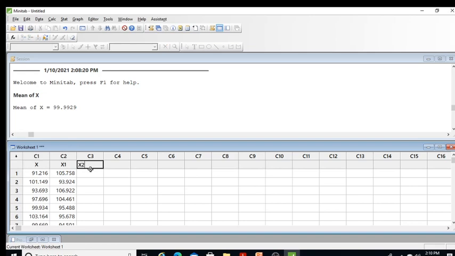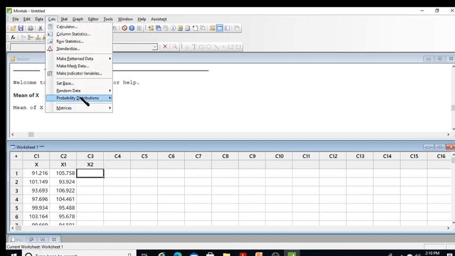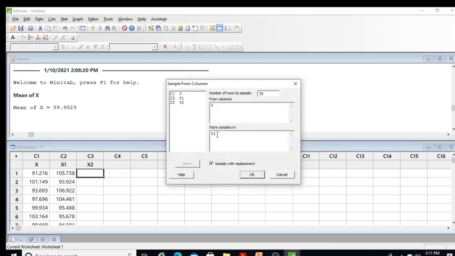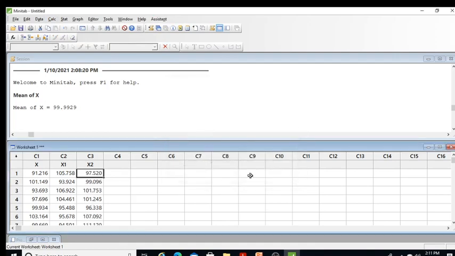Let's say I generate another sample in the same manner, using random data, sample from column, and this time also with the same sample size of 35 with replacement. So I got this. Let's say X3 is another, and X4 is another. We can do it automatically, but we do it one by one.